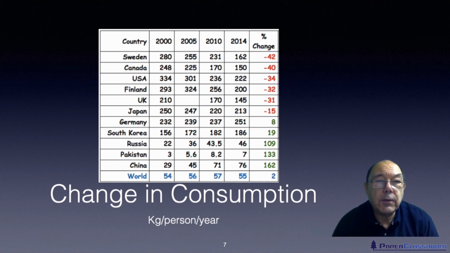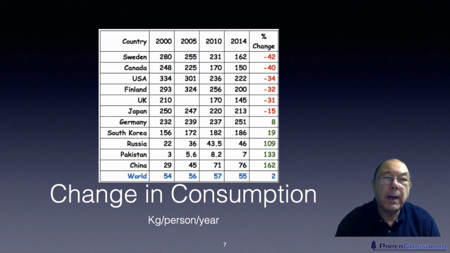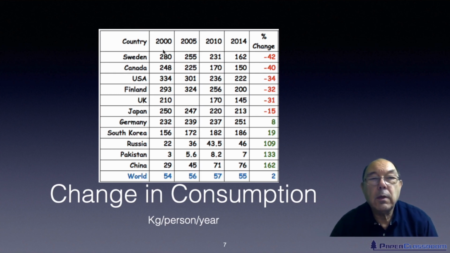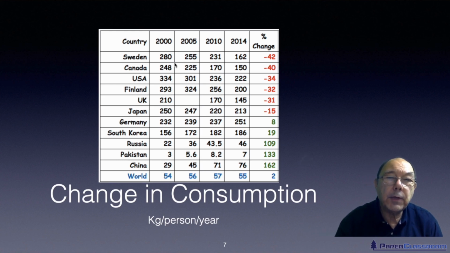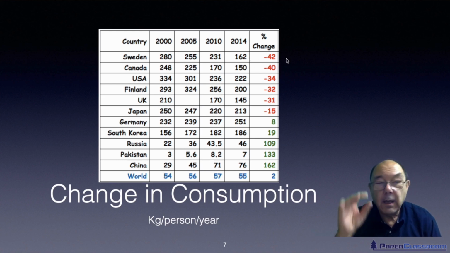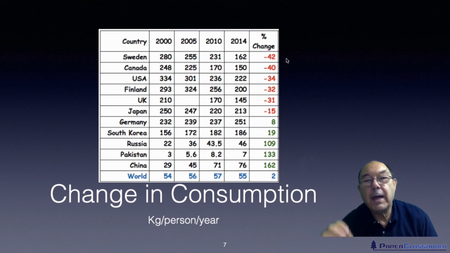And you can see that Sweden and Canada have reduced these numbers, by the way, are kilos of paper consumed per person per year. So you can see here, Sweden and Canada between 2000 and 2014 have actually reduced their per capita consumption of paper and board by just over 40%.